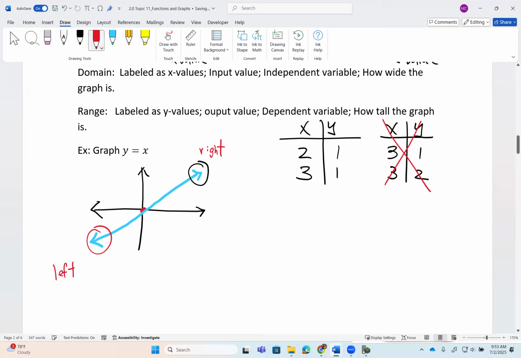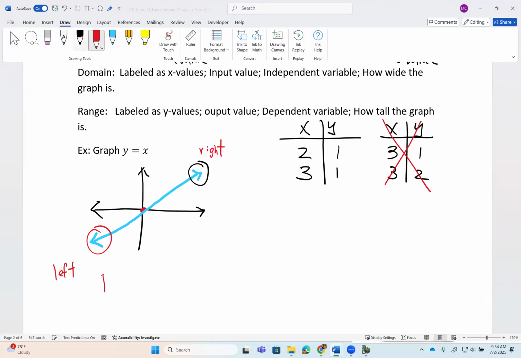Remember, there are infinite number of points on this blue line. The line never ends, so therefore there are infinite number of points. Out of all the points on here, just looking at the x values alone, keep going left means your x values keep getting smaller. Going to the right means your x values keep getting bigger.